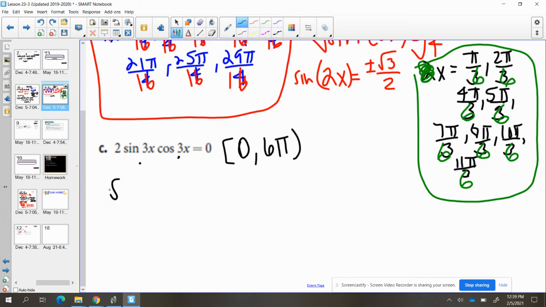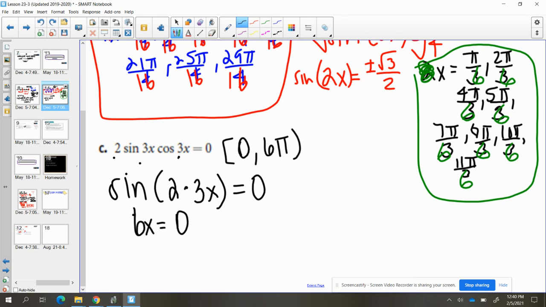So we could say sine of 2 times 3x, right? The double angle formula for this one, okay, equals 0. So basically we're saying, where does 6x equal 0, since we transformed that?